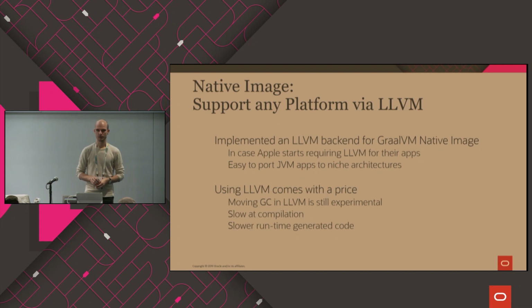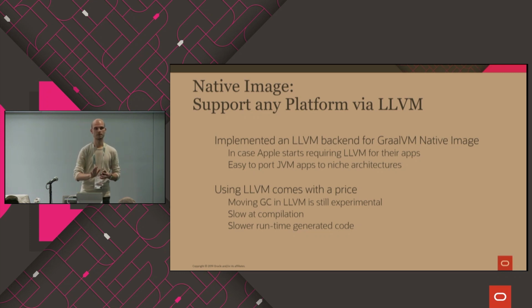One of the ways we're doing this is supporting LLVM as a backend for native image. So rather than creating a machine code binary, we create an LLVM bitcode file, a binary with LLVM bitcode inside. And this has multiple advantages.